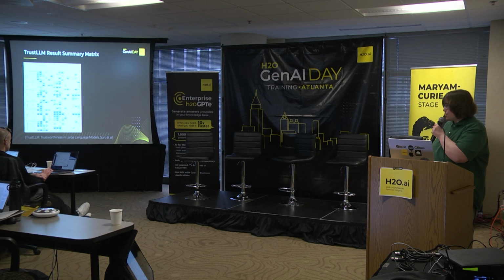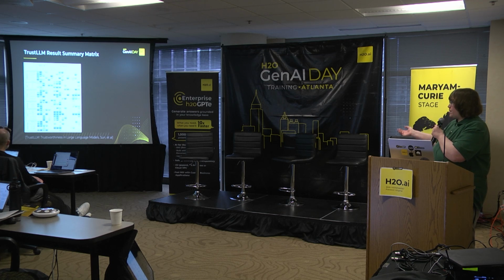Yeah, and this shows the results they came up with. The Trust LLM study was a fairly large study. They tested 16 different models in the 6 areas they identified. And they noted that generally, the first 4 models were closed source models, and the next 12 were open source models.